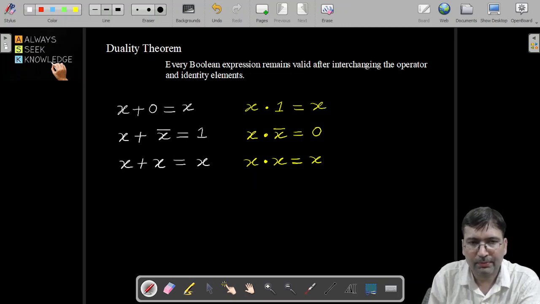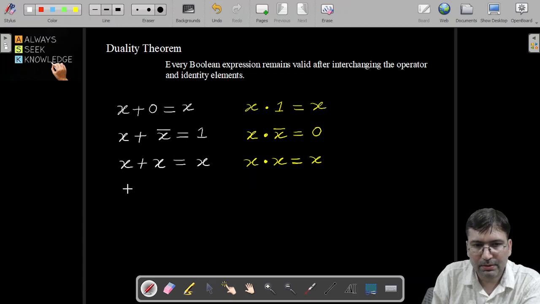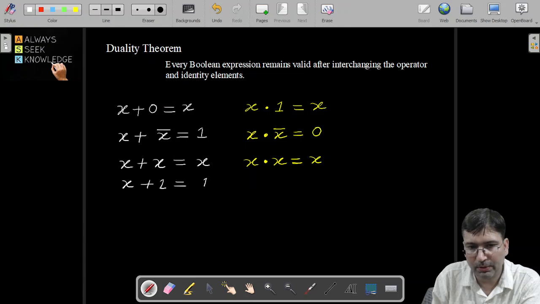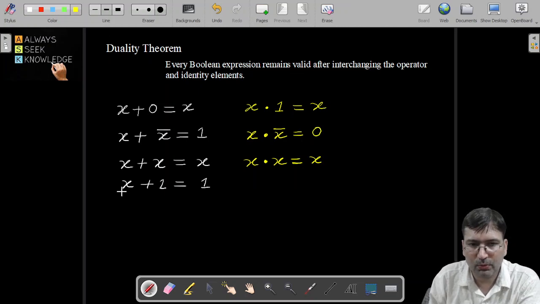Now let's consider the Boolean variable x or 1, which will always give us 1 only. If I ask you what is the dual form for this, you convert this. x will remain x, the or operation will convert into and, and this 1 will have the identity element 0. So x dot 0 will give you 0 only, right?